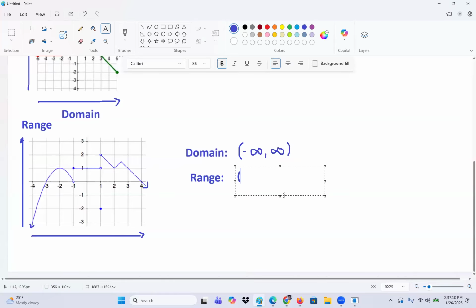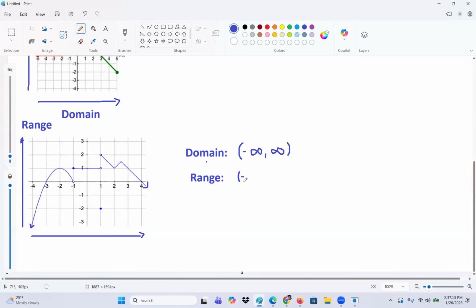So we start from negative infinity in this case. We start here and draw some horizontal lines.